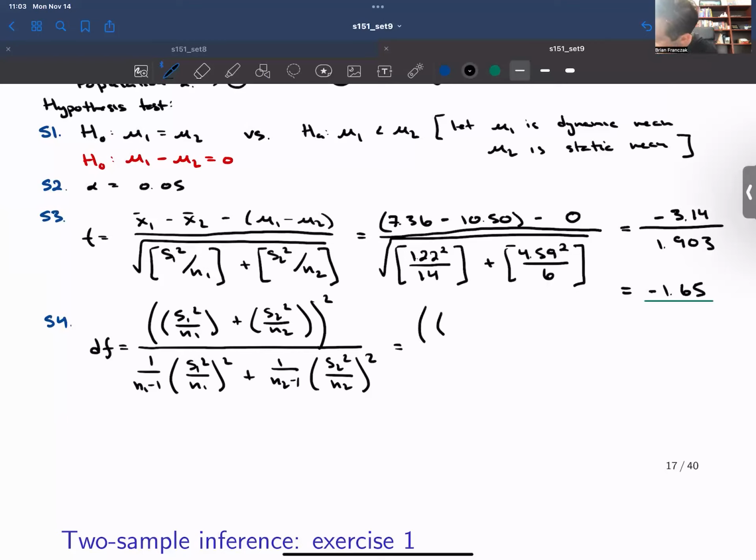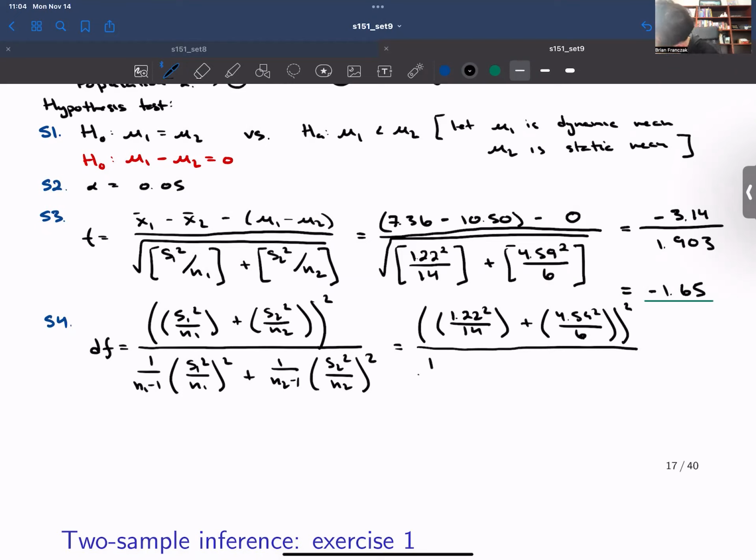Now, the trickiest part of this is simply making sure that we do the right order of operations. So I've tried to bracket this accordingly such that we can see how we would perform the calculation. So we're going to want to do those 2 fractions separately first, add together, and then square that whole thing.